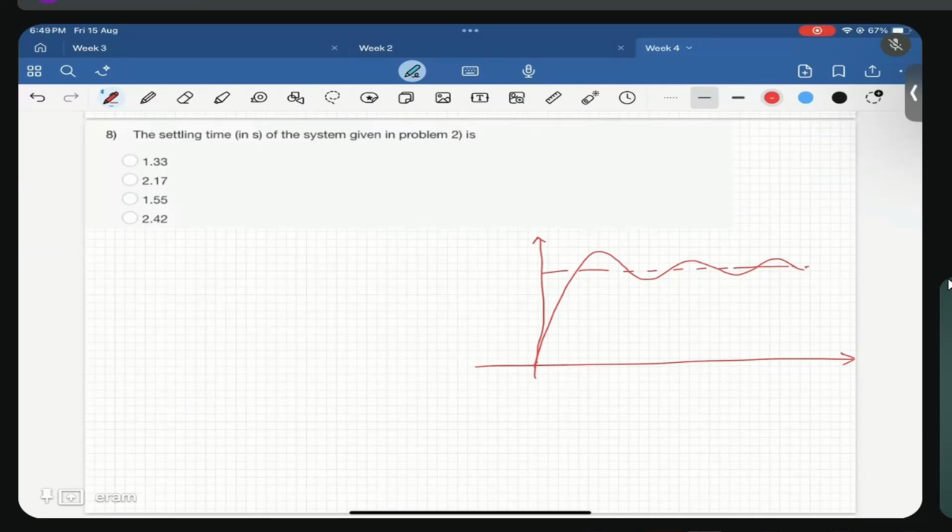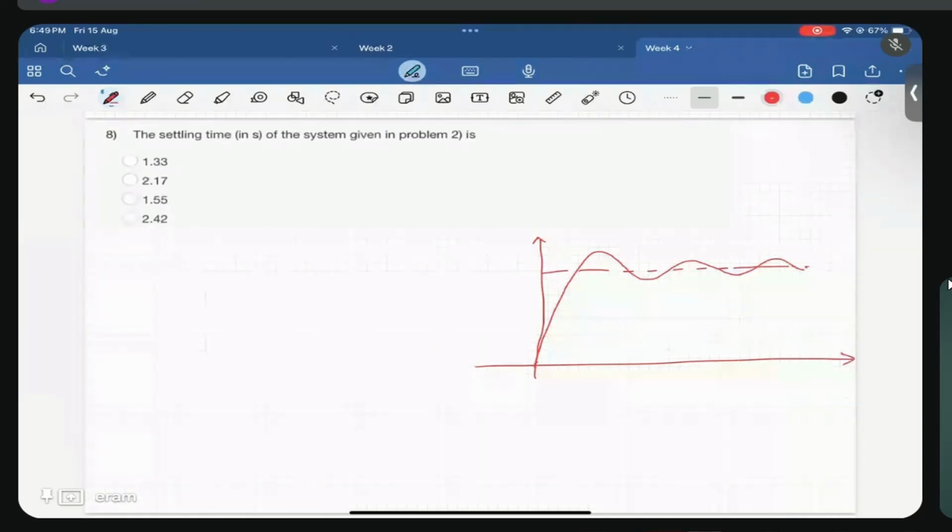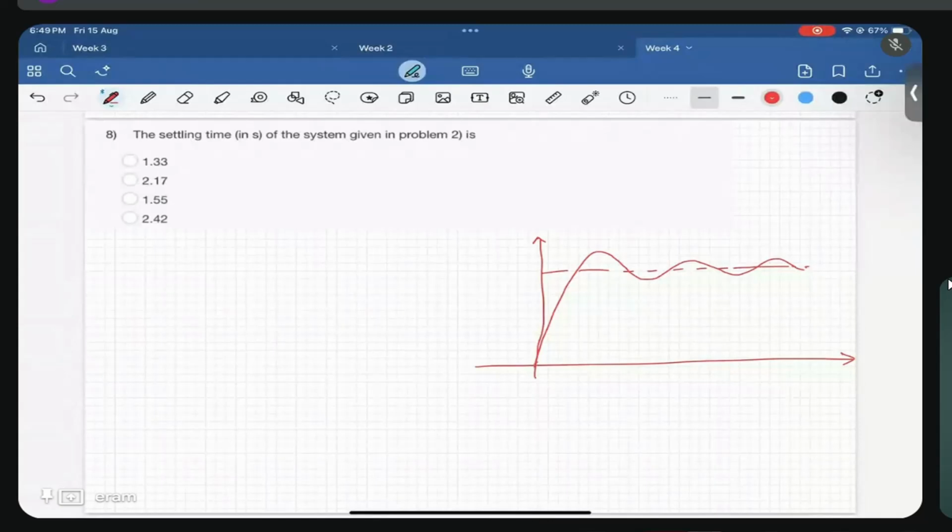When it is not mentioned in the question, you have to assume that you have to calculate for the 2% band, the time to reach around 2% of the steady state value.